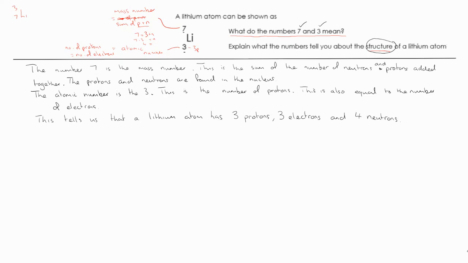And then we can just add a little bit to say where these are found. So the structure of the atom. So the protons and neutrons are found in the nucleus.